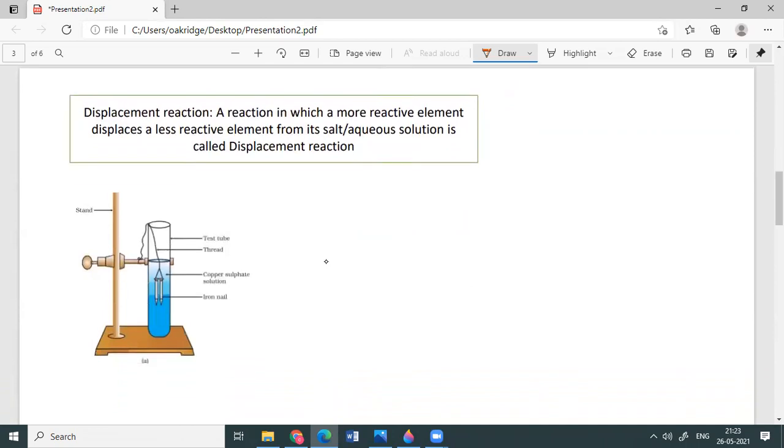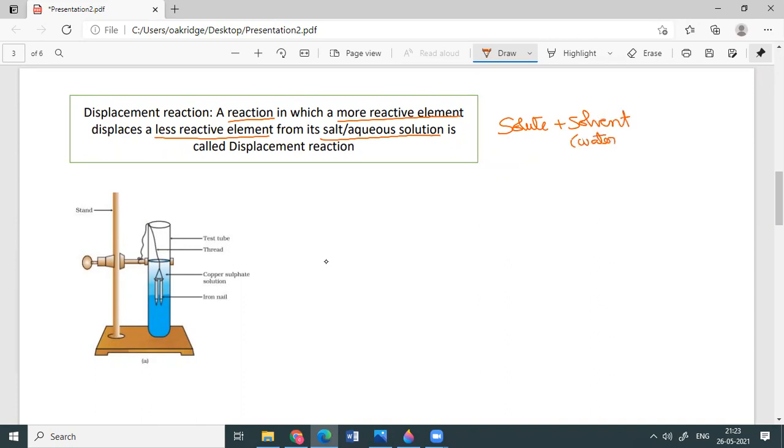This is the definition, children. Displacement reaction is a reaction in which a more reactive element will displace a less reactive element. From where will it displace? Like from the chair example we had, there should be some place. That place is nothing but a salt or aqueous solution. It should be a solution where a solute and solvent will be present. It is most probably a solvent with water.